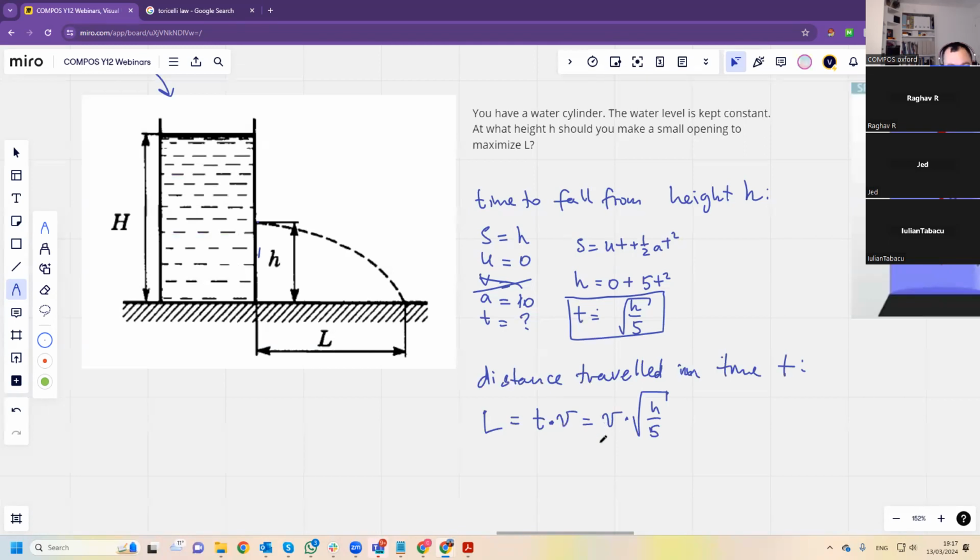Where v is the nozzle velocity. v is the velocity, not to get confused with this v. This v is nothing, so vertical suvat.